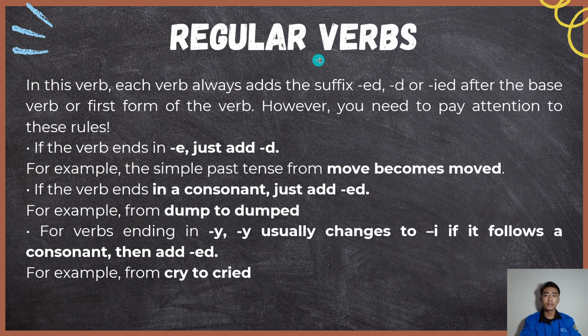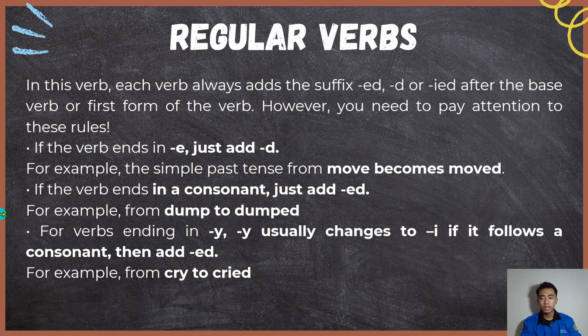Okay, these are regular verbs. In this verb, each verb always adds the suffix ed, d, or ied after the base verb or first form of the verb. However, you need to pay attention to these rules. If the verb ends in e, just add d. For example, the simple past tense of move becomes moved, plus d.